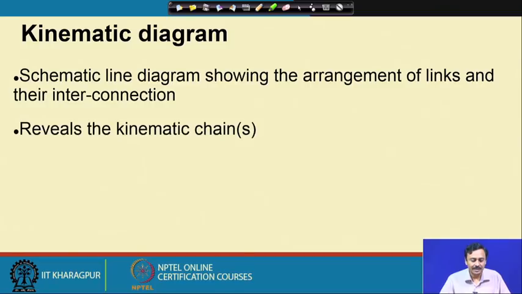These are not of much importance in a kinematic diagram, but what a kinematic diagram does is reveal the kinematic chains that go in making a particular mechanism.